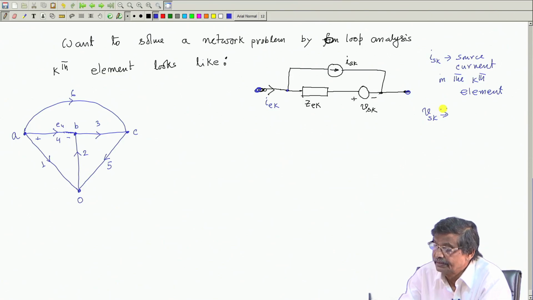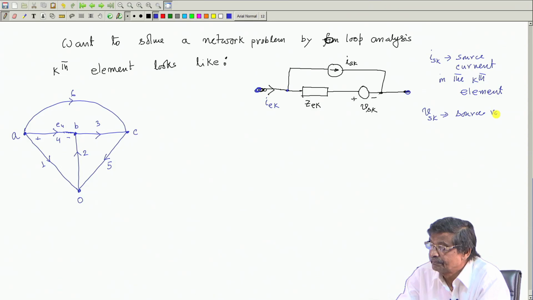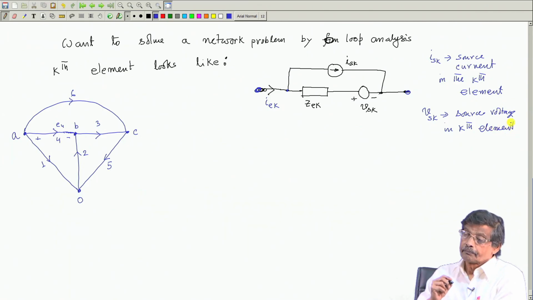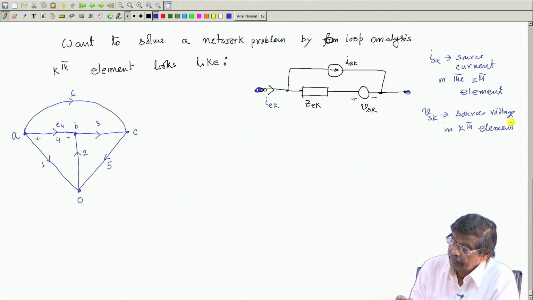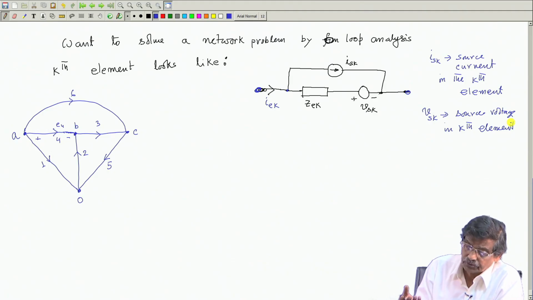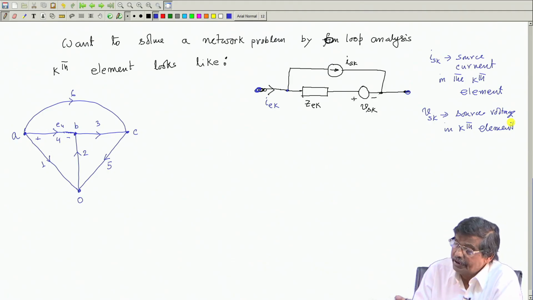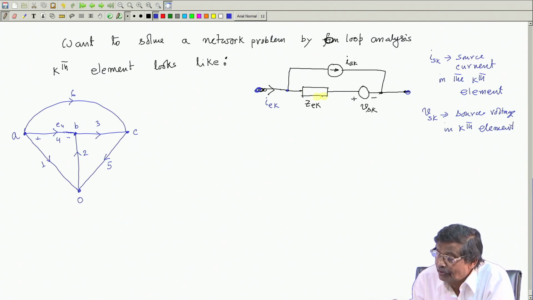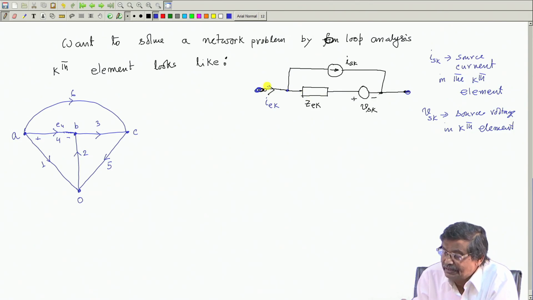Source voltage in the kth branch, in the kth element. So when I ask to solve a network problem, I will be interested to know the currents flowing in ZEK. This IK is the total current here. Understood the point?